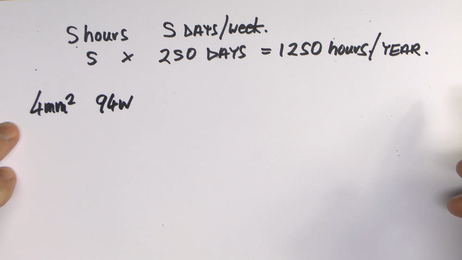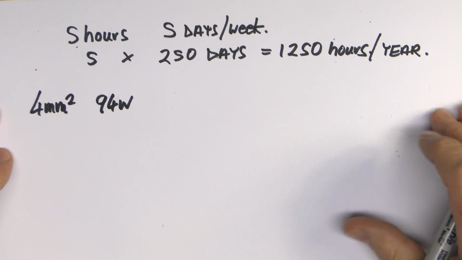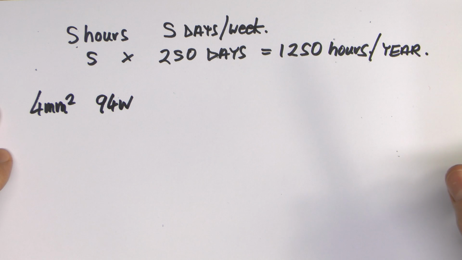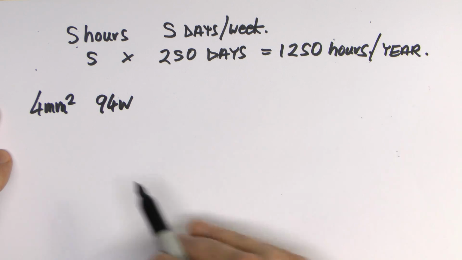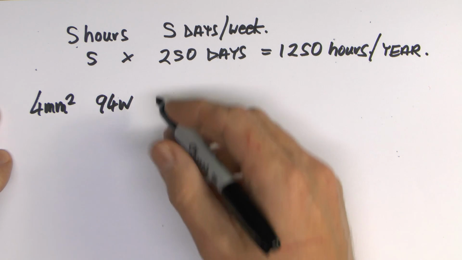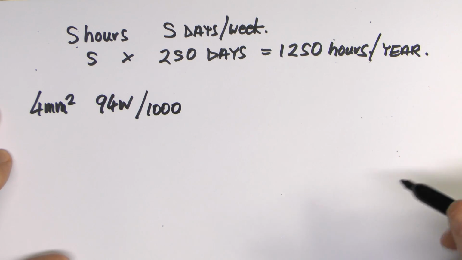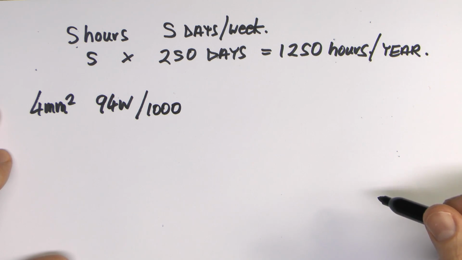Now we need to know what the total usage would be over the year. Electricity is sold in kilowatt hours, and a kilowatt hour is 1 kilowatt of electricity switched on for 1 hour. Now we already have the watts and we have the hours, so it's fairly straightforward to get these together. Bearing in mind this is watts, not kilowatts, so to convert this to kilowatts we need to divide by 1000. So that gives us kilowatts instead of watts.